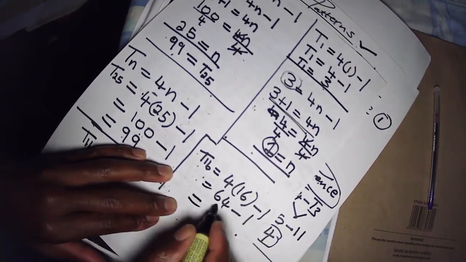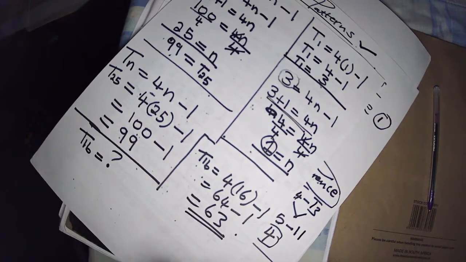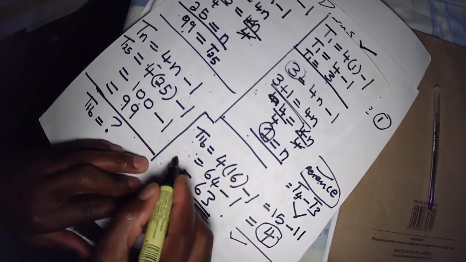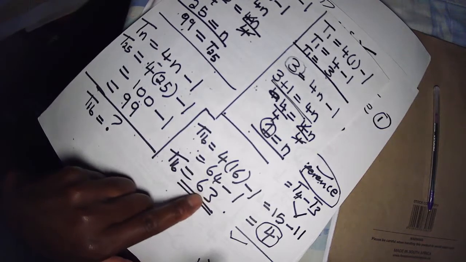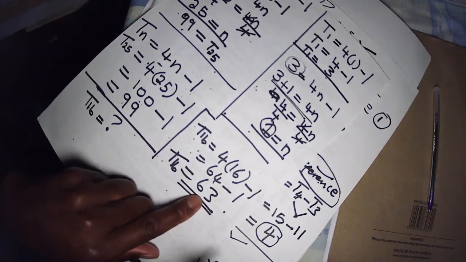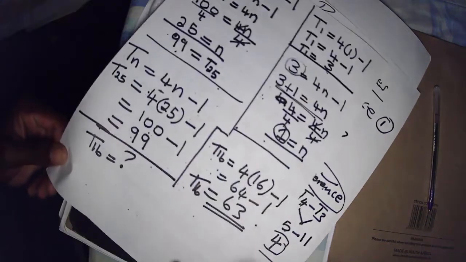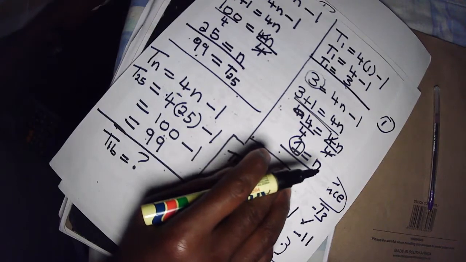Subtracting the 1, we get 63. So this is how we do it, guys, which means that for term number 16, the answer is 63.